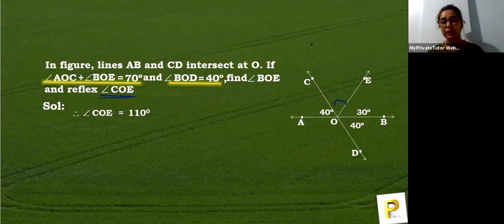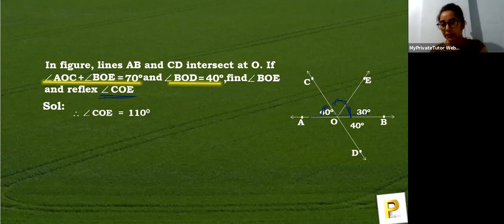So in this case, here we got COE as 110. How did we get 110? If you can see this line, the 40-degree angle and the 30-degree angle together form 70 degree, right?